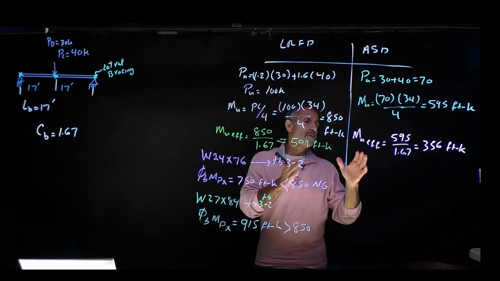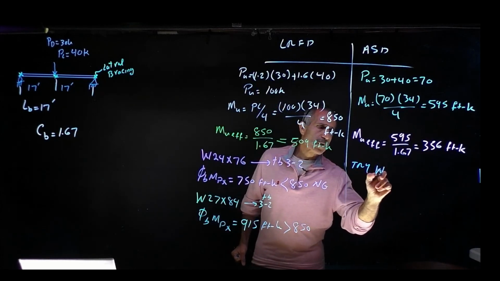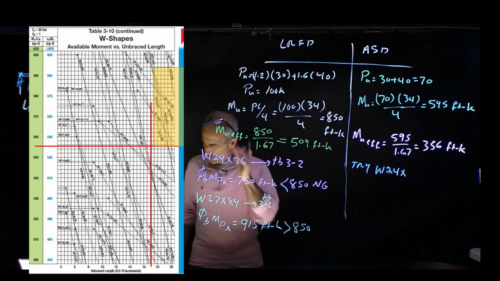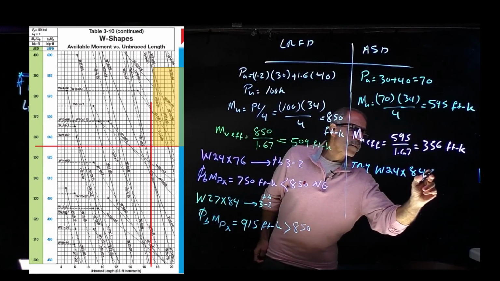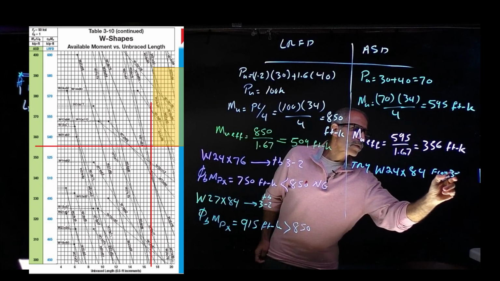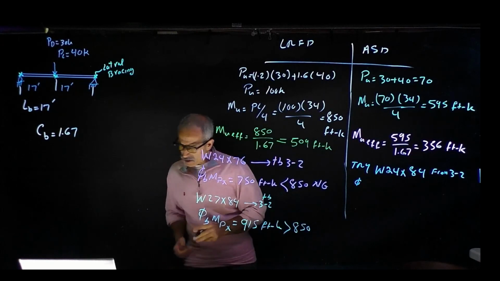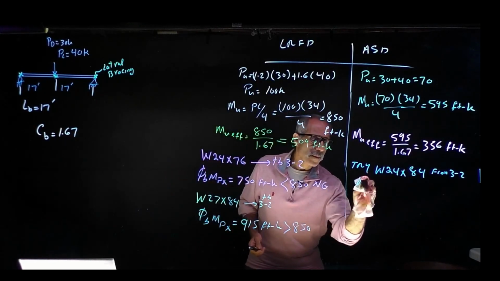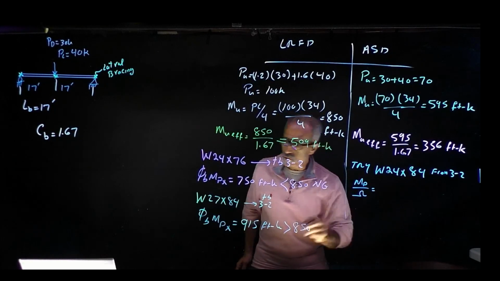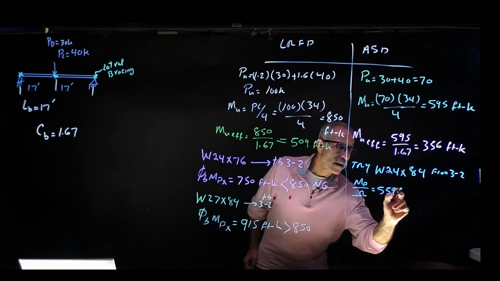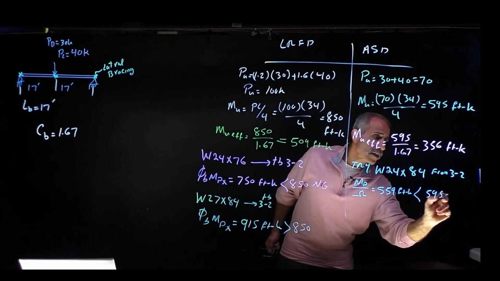Okay, so now we're going to go to the ASD part, and we're going to do the same thing. We're going to try W24 by 84, and from Table 3-2, we find that Mp divided by omega comes out to a value that is less than our applied load of 595, so no good.